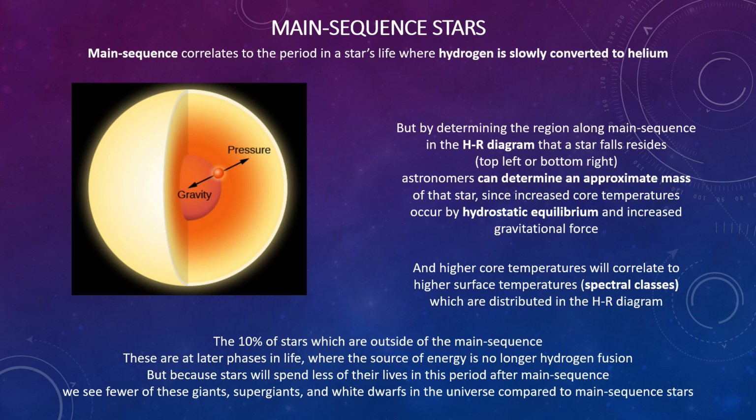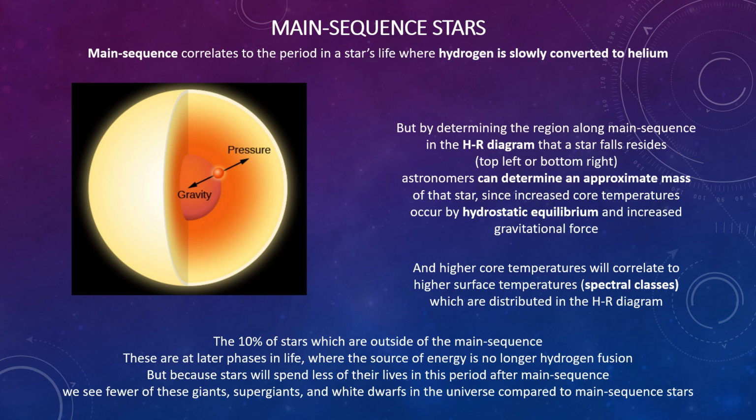And so we can then say that since they are hotter, they have a larger core temperature. And so this core temperature, due to hydrostatic equilibrium, also tells us that they have to have a larger mass. And so higher core temperatures also are correlated directly with higher surface temperatures along the HR diagram.